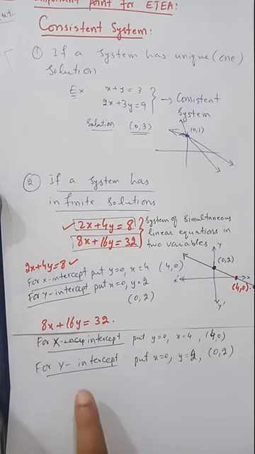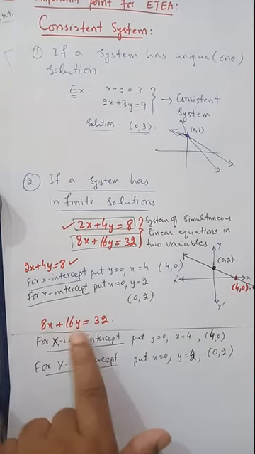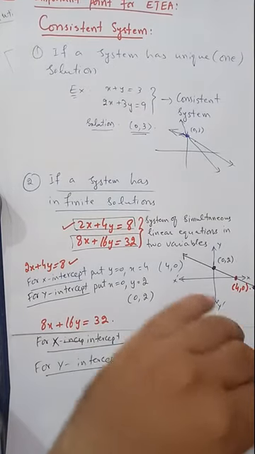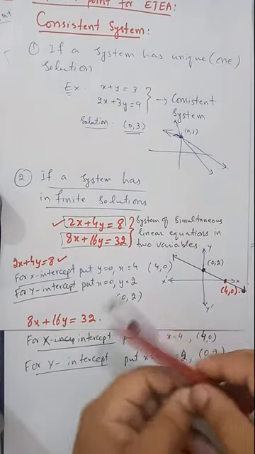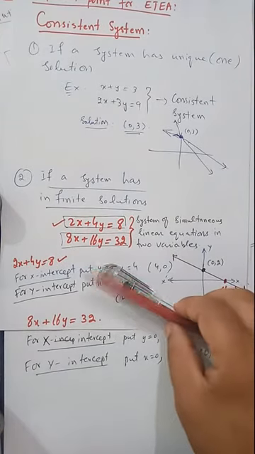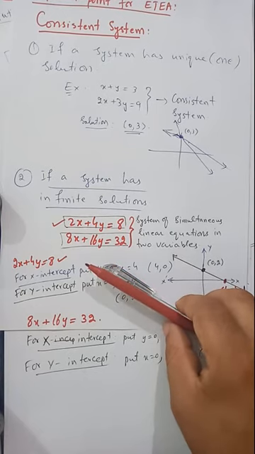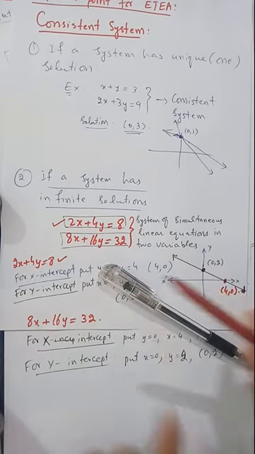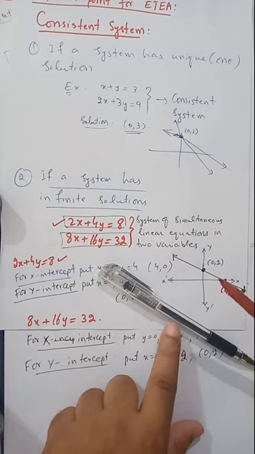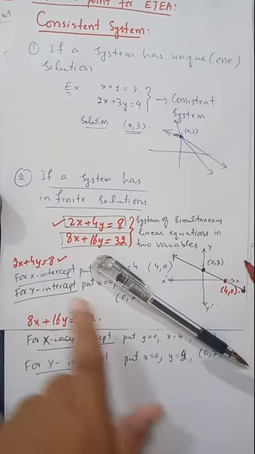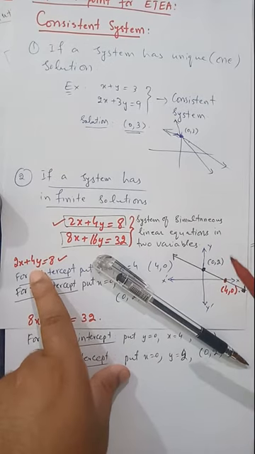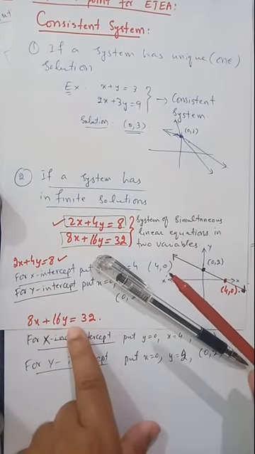So now the graph of this line actually lies on this line. You see that these are two lines, but one line is lying on the other line. Let's say this black pen is the line for this equation, and the red pen is the line for this equation.